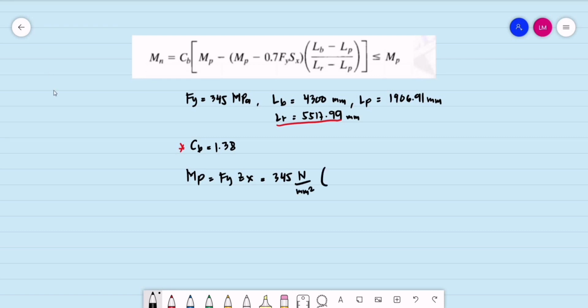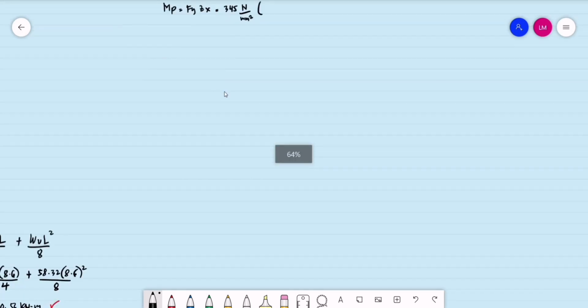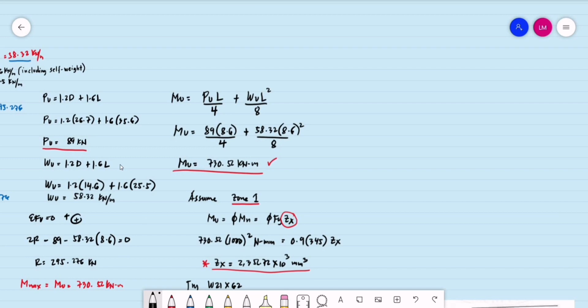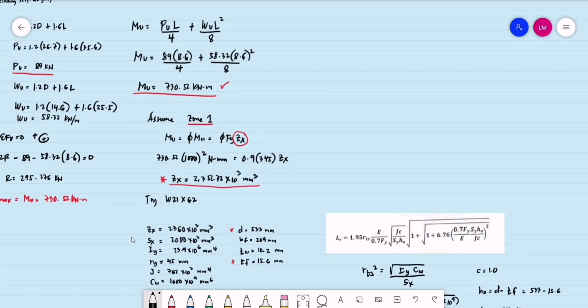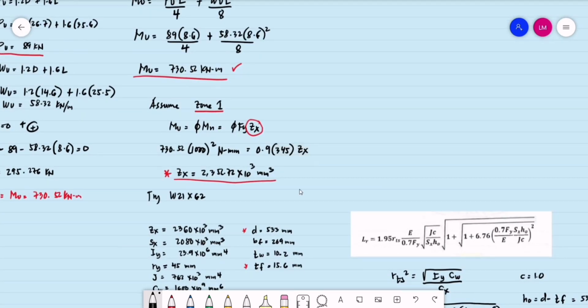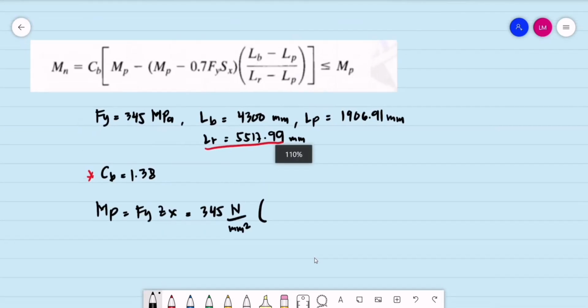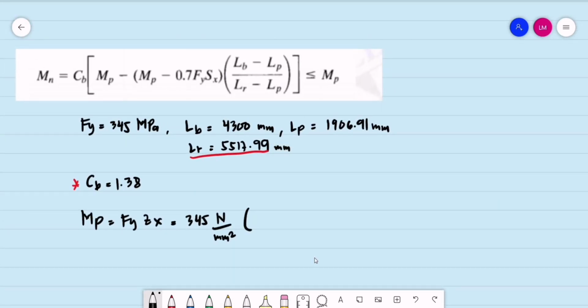And the plastic section modulus of our trial section, the W21 by 62, is 2,360 times 10 raised to 3 millimeters raised to 3.